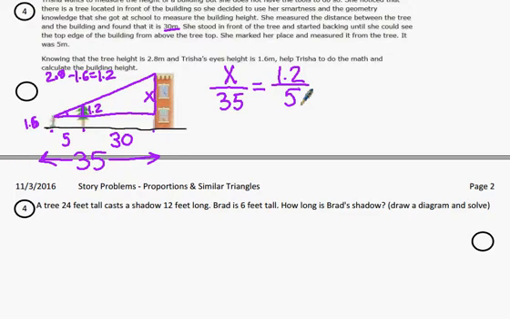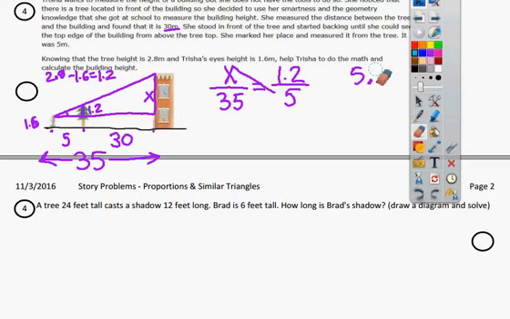Now, I'll cross multiply this time. We do it over here. 5 times x equals 35 times 1.2.